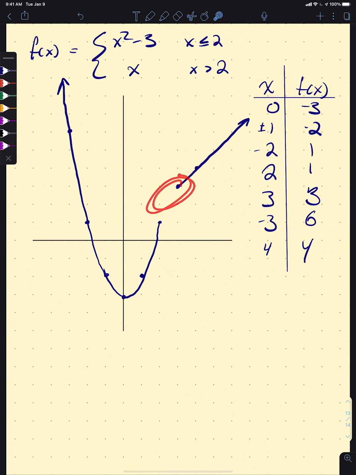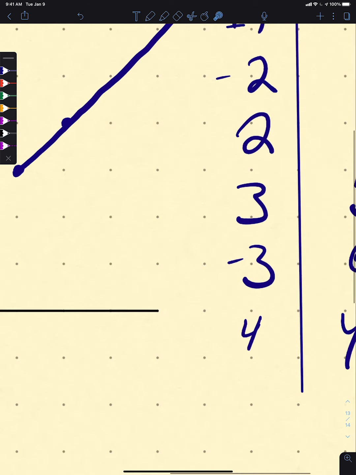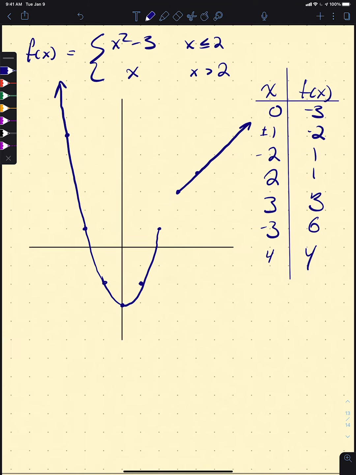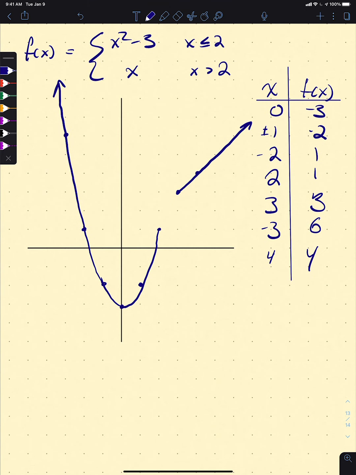But now the obvious question is what happens here, right? Well, if we're greater than 2, we're on this line. The moment we're equal to 2 or less than 2, we're on this parabola. So the way that we denote that: if we come as close to 2 as we want without getting to 2, we're on this line.